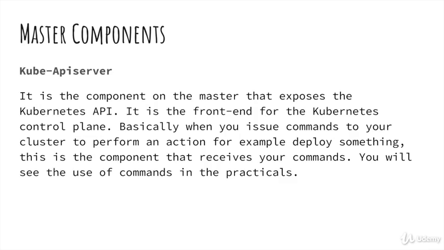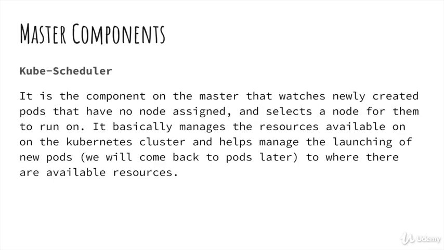We'll actually be using the Kubernetes API quite a bit using kubectl commands, but we'll cover that later in the practical. It is the front end for the Kubernetes control plane. Basically, when you issue commands to your cluster to perform an action, for example, deploy something, this is the component that receives your commands. You'll see the use of these commands in the practicals.